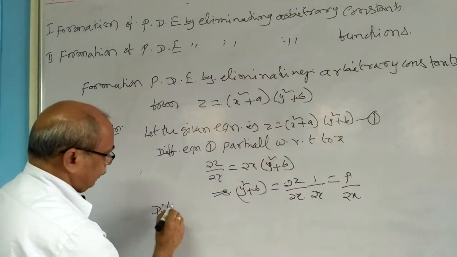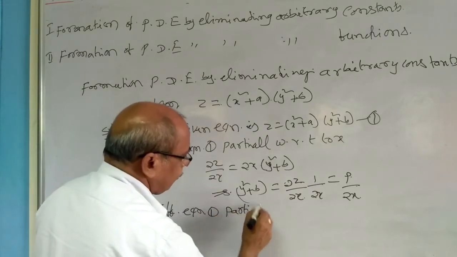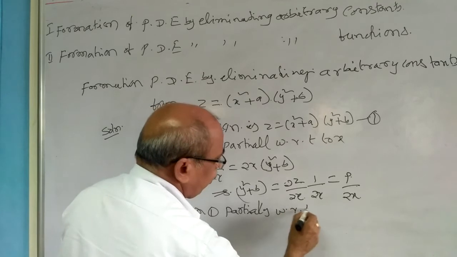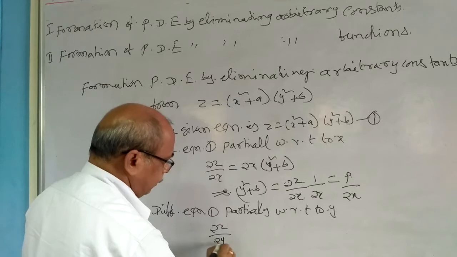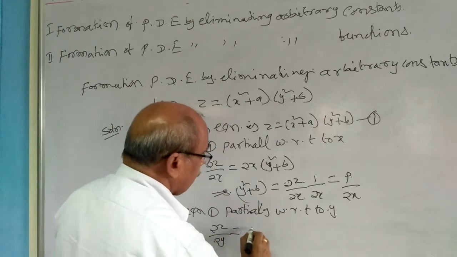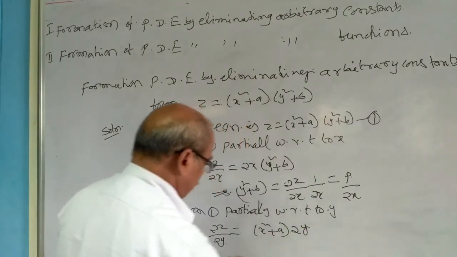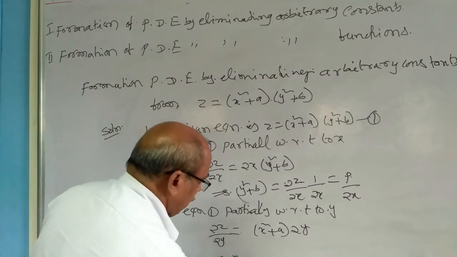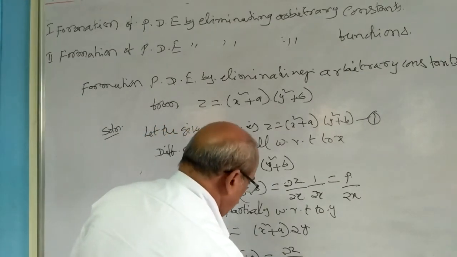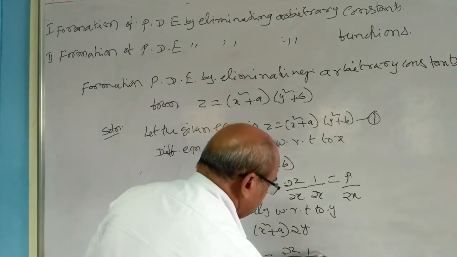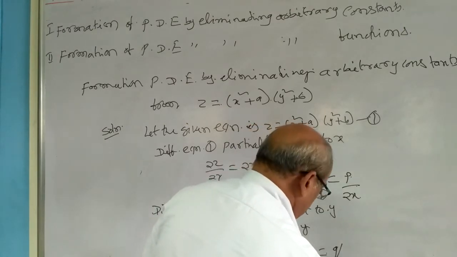Differentiating equation 1 partially with respect to y, ∂z/∂y = (x² + a)(2y). This implies x² + a = (∂z/∂y)(1/2y), ∂z/∂y is denoted by q, so q/2y.